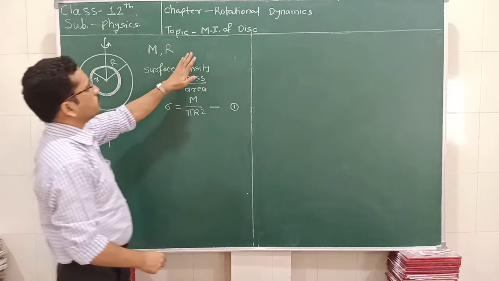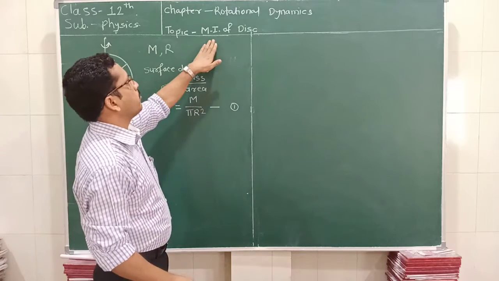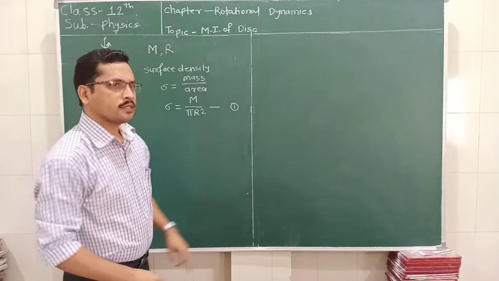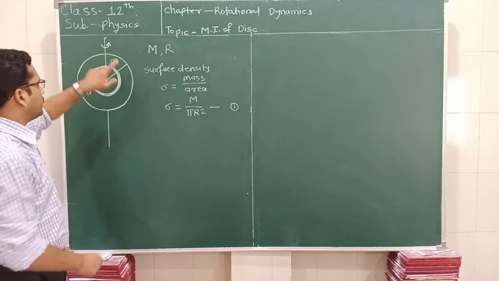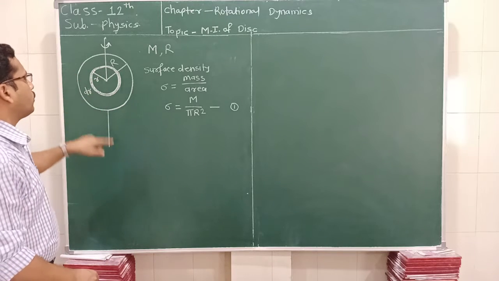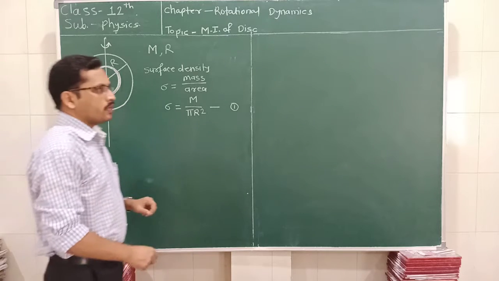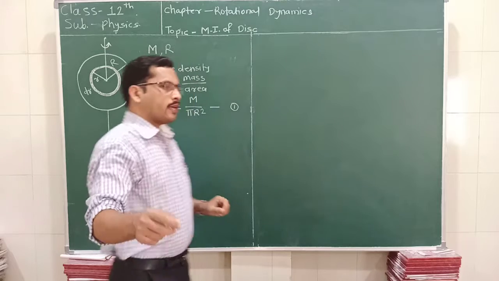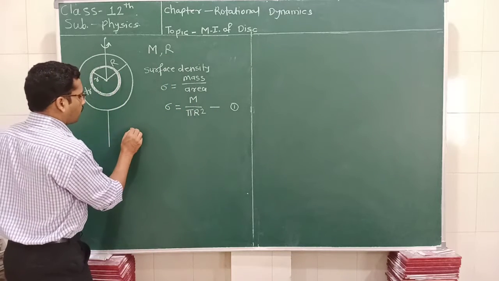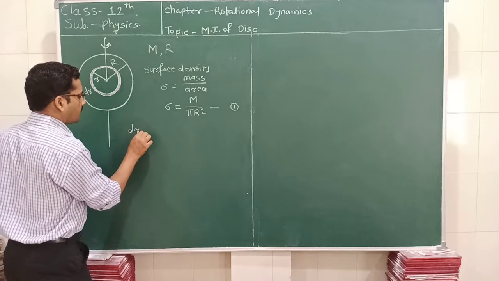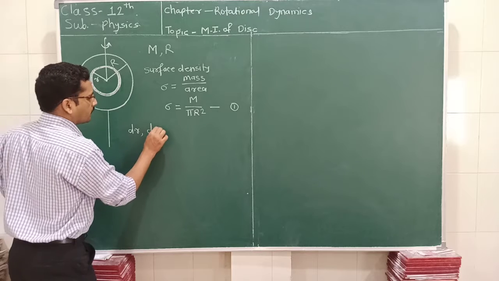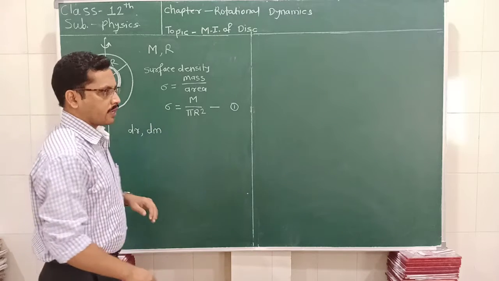Now, to determine the formula of moment of inertia of a disk, consider that this disk is divided into a number of rings, each of thickness dr and each of mass m.